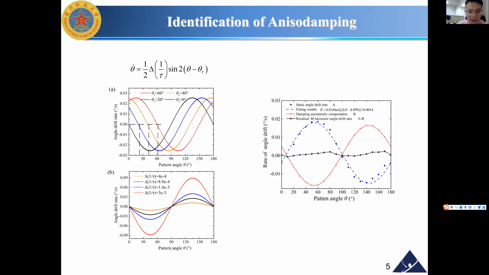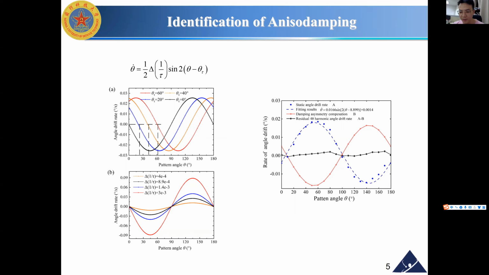And from the figure, we can see the simulation results. We can get the theta tau and the delta 1 divided tau, which means we can get the locations and the magnitudes of the anisodamping.